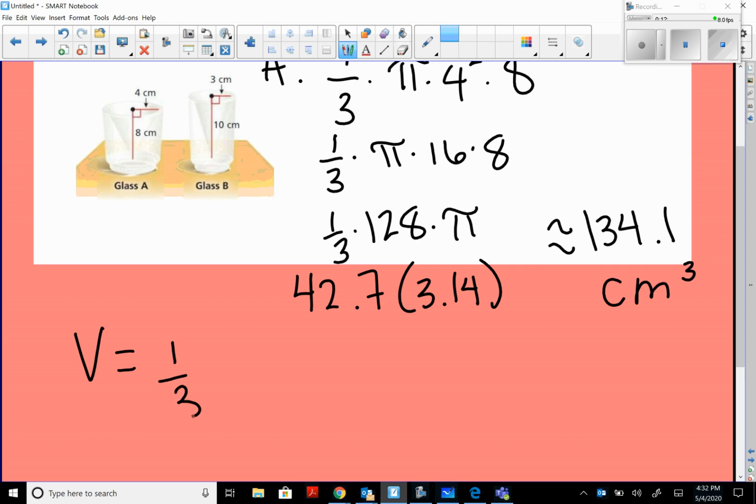So glass B has a radius of 3, so that's pi r squared, that's pi times 3 squared, times the height of 10.